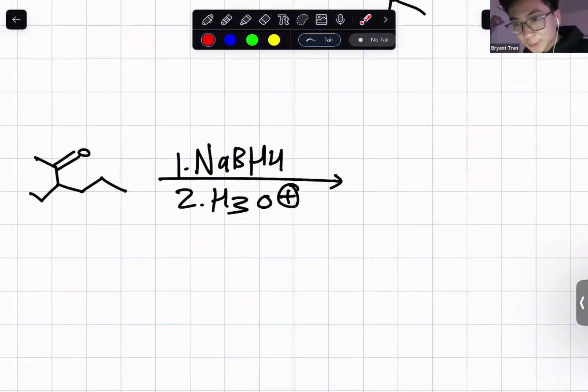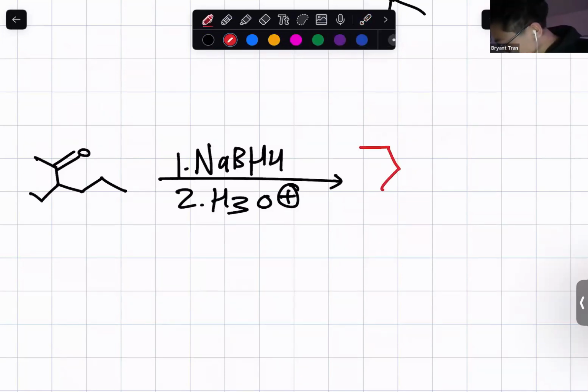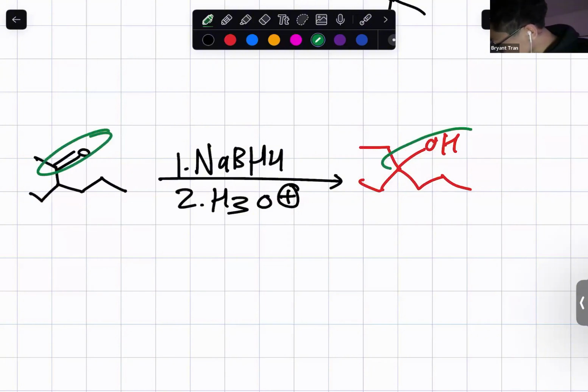Okay, so Yana, convert the carbonyl into alcohol. Yes, that is correct. That's the right answer. Yeah, this carbon double bond oxygen here gets converted into a single bond oxygen alcohol right there.